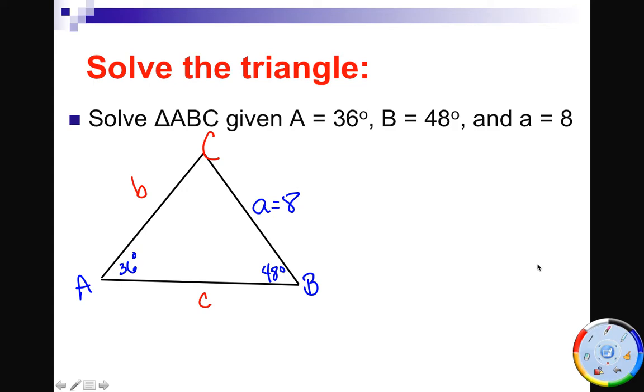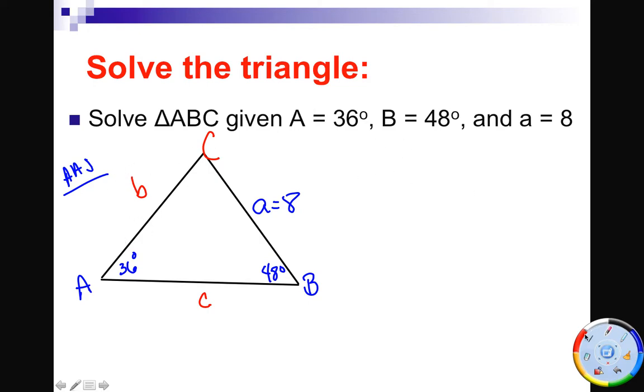So let's do some math. This is the AAS version. So this is an AAS triangle, which means law of sines is legal. And what this tells me is, well, first of all, I'm looking for a side first, little b. Not that that's exactly what needs to be done first, but that's what I want to do first.